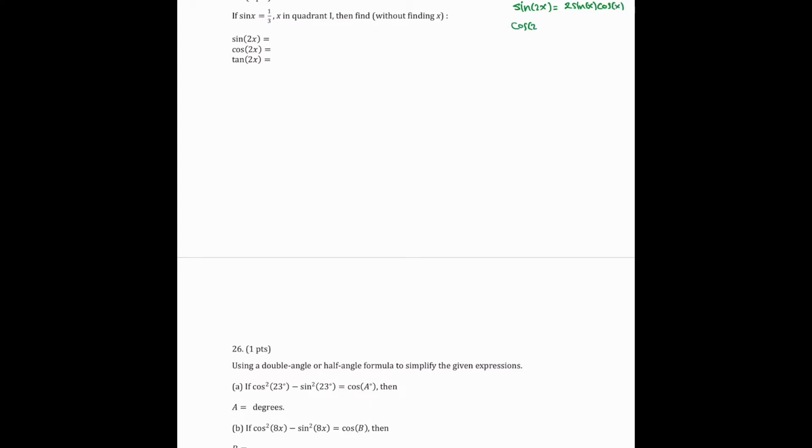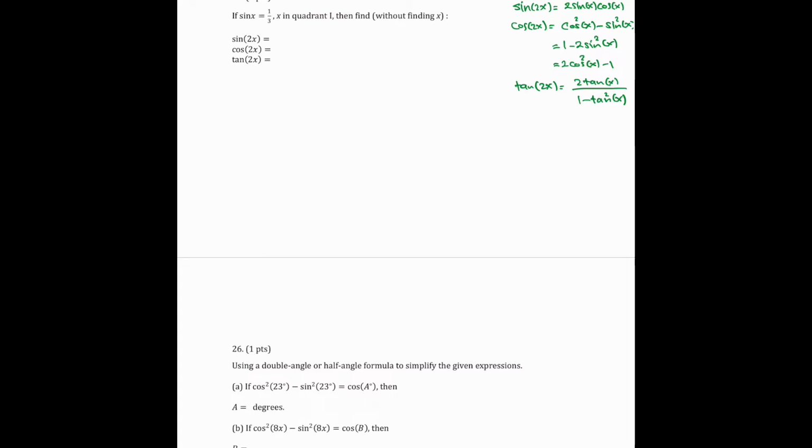And then we have cosine 2x is either cosine squared x minus sine squared x, or the equivalent, which is 1 minus 2 sine squared x, or 2 cosine squared x minus 1. Tangent 2x is equal to 2 tangent x over 1 minus tangent squared x. So those are the double angle formulas that we're going to use to solve this question.